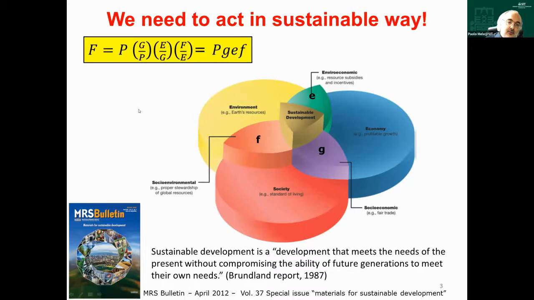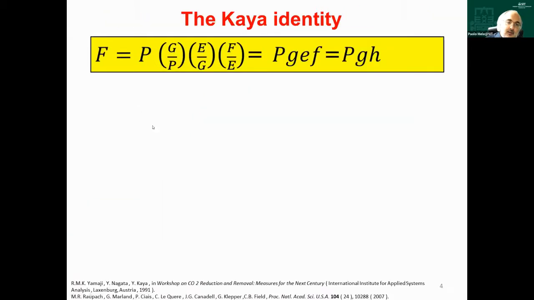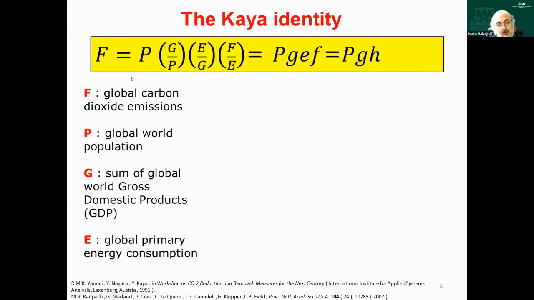which is called the Kaya identity, and contains all the aspects of the challenges I show you at the beginning. So carbon emission, CO2 emission, global world population, economy, and consumption.